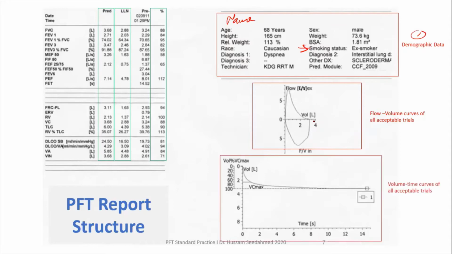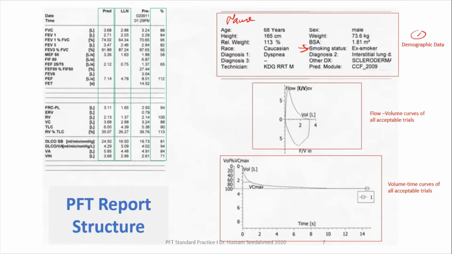The other component of the PFT report is the volume time curve of all acceptable trials. Sometimes some labs or some institutions don't give all the curves or the flow volume loop or the flow volume curve. They give the best.